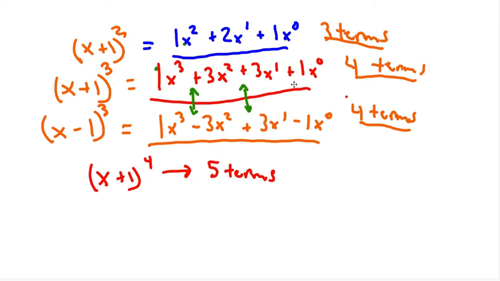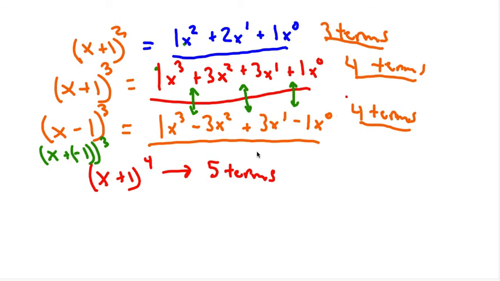Well, those are both positive. But it seems that the signs alternate. Why? Because we started off with one of these things being negative. Remember, x minus 1 is technically the same as x plus negative 1 cubed. So by making one of these things negative, what did that seem to do? It seemed to make the signs alternate.